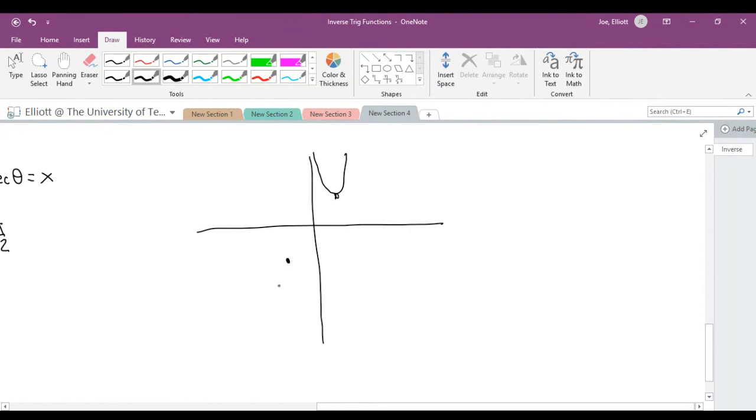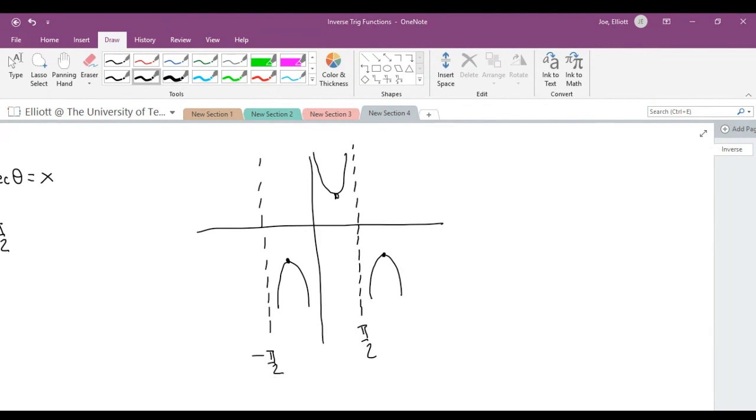But it looks something like that, okay? Vertical asymptotes at the pi over 2s.